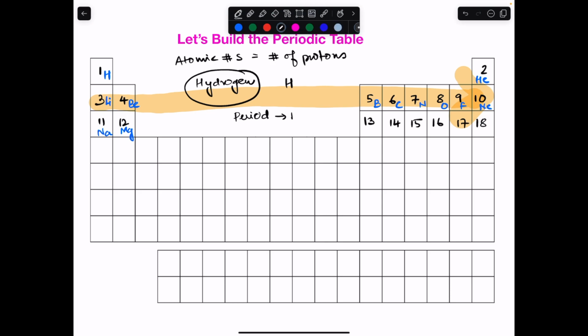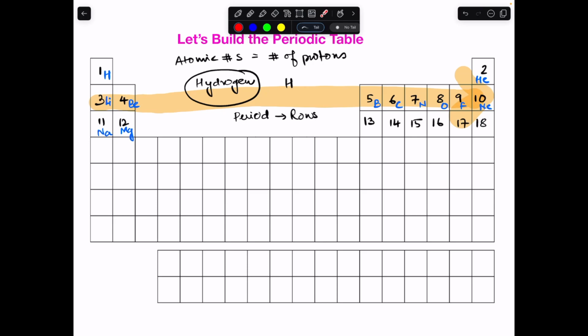Period is the same as a row. As you go from left to right, the atomic numbers increase, which means the number of protons increases in the nucleus. Now recall, the number of protons is the same as the number of electrons. Therefore, the electrons are increasing as well. In the case of boron, for example, there are 5 protons and 5 electrons.